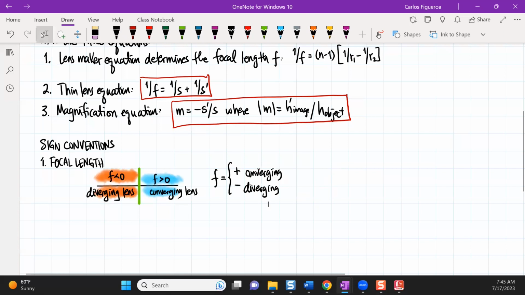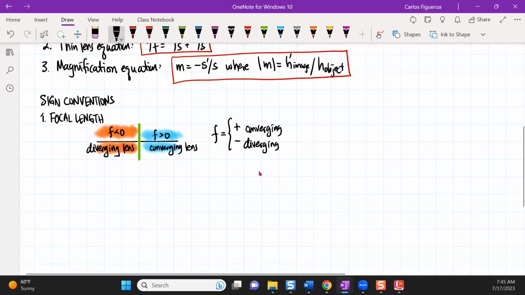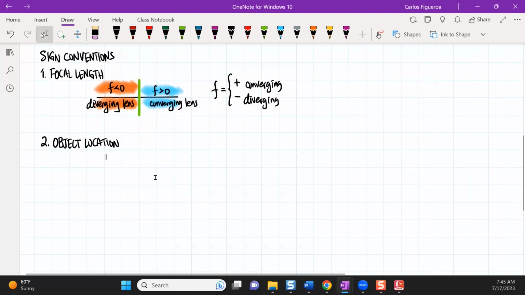Now let's look at the object. I'm going to look at the object location, and I'm going to do the exact same thing. I'm going to put this right here.